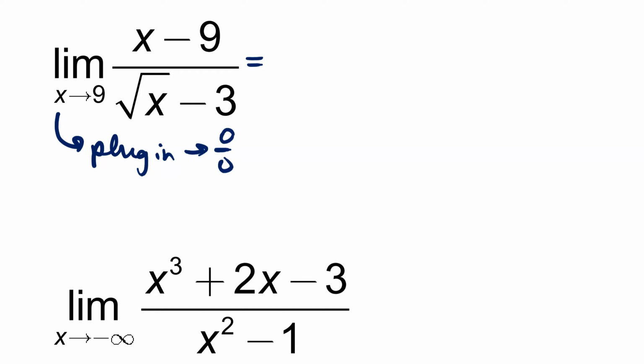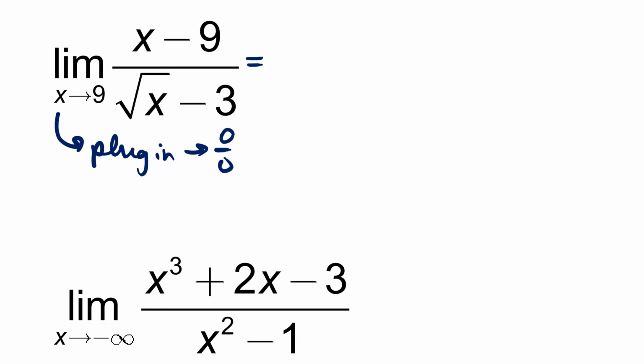You either try to factor out something or multiply by the conjugate. Even though the radical's on bottom, we can multiply by the conjugate. So I'm going to multiply by root x plus 3 over root x plus 3.